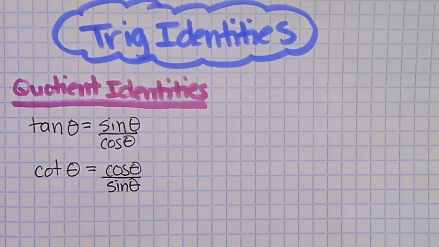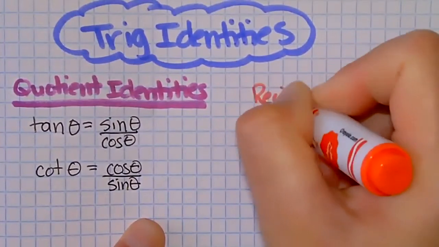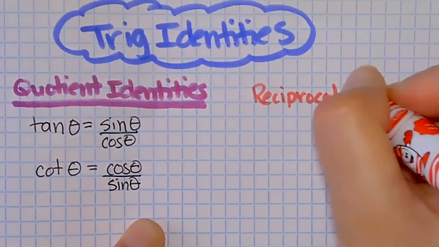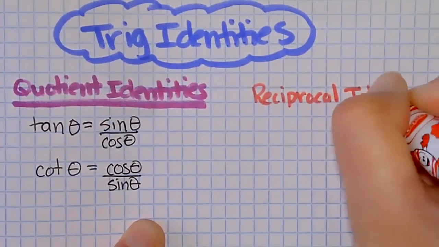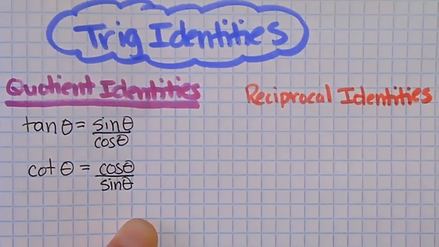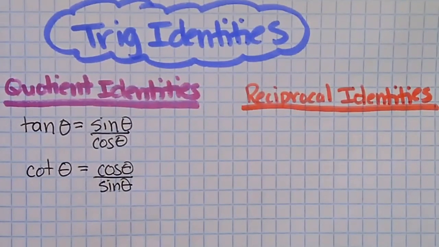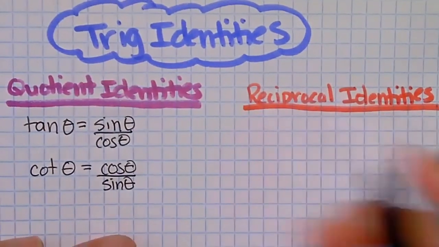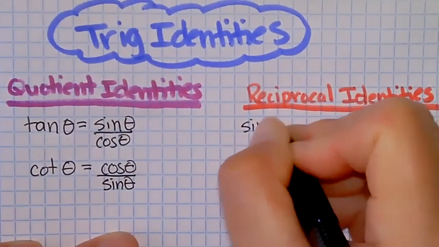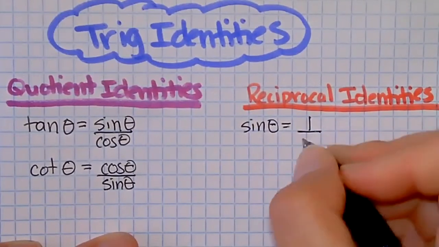Next, I'm going to be talking about our reciprocal identities. Okay, and we've seen these, but I'm going to write them out again. So we have all of these relationships here. So sine theta is equal to 1 over cosecant theta.